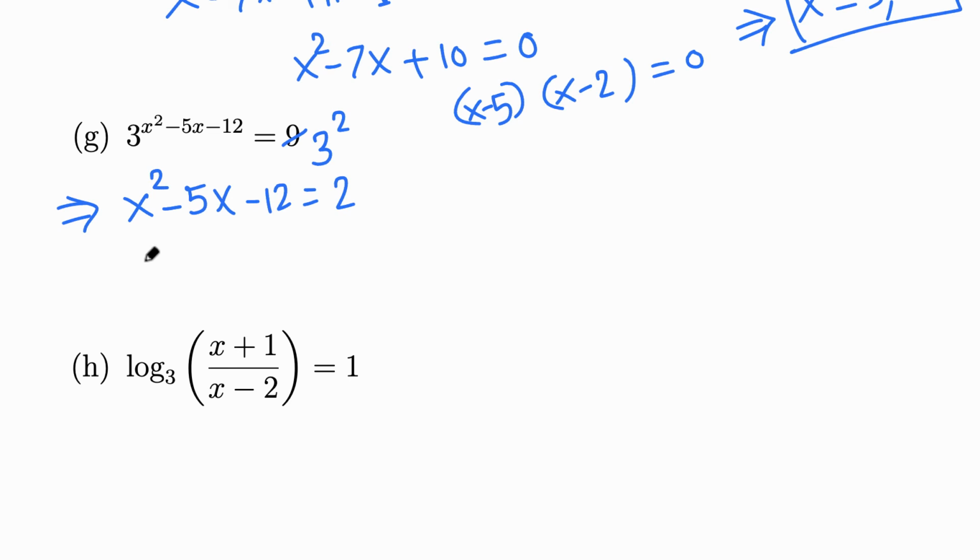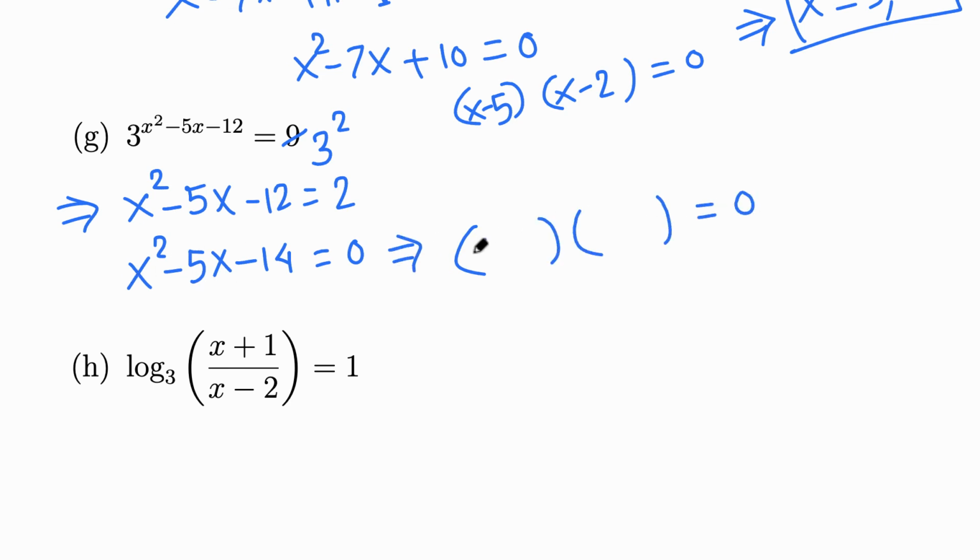Subtract 2 from both sides, so x squared minus 5x minus 14 equals 0. It's a quadratic trinomial, so let's factor it. 7 times 2 is 14, with a minus sign, so it's x minus 7 times x plus 2. From the first, x minus 7 equals 0 means x equals 7. x plus 2 equals 0 means x is negative 2.